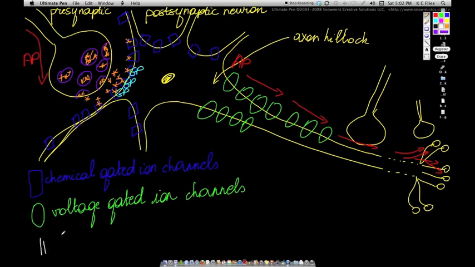These would be specifically calcium voltage-gated channels, while the green ones are going to be both sodium and potassium voltage-gated channels. So in the axolemma here of our axonal terminal, we have many calcium gated channels.